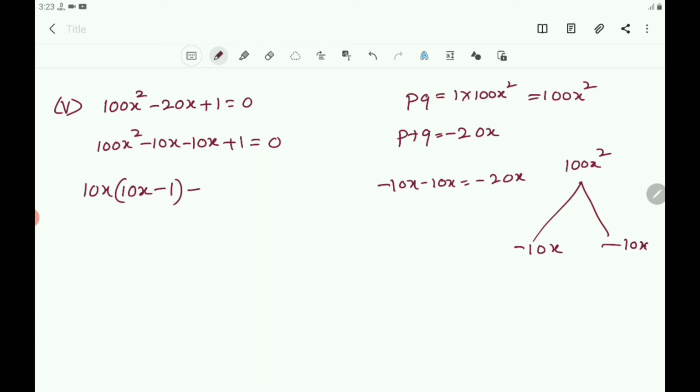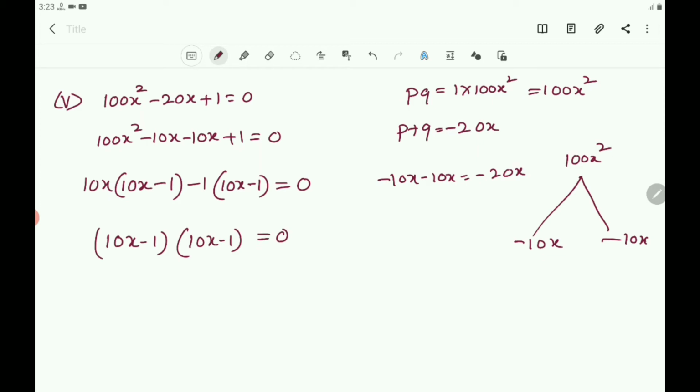Here out of 10x and 1, remove 1 as a common. Then in the bracket 10x minus 1 equals 0. And the common factor is 10x minus 1. You write that 10x minus 1 in one bracket, and in the other bracket 10x minus 1 equals 0.